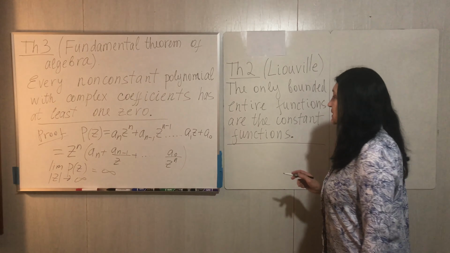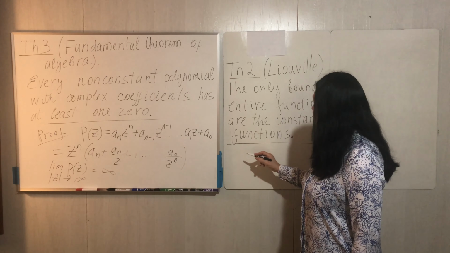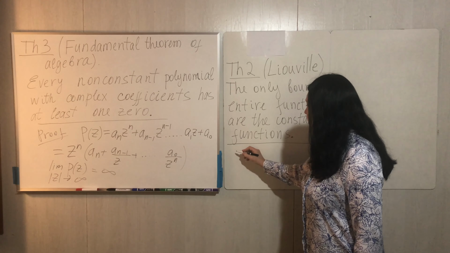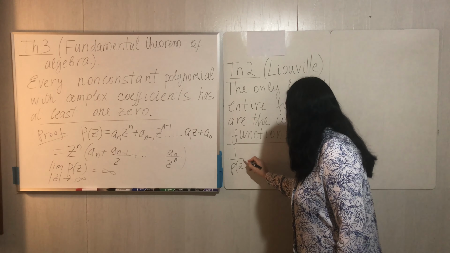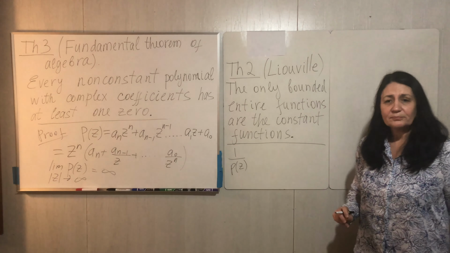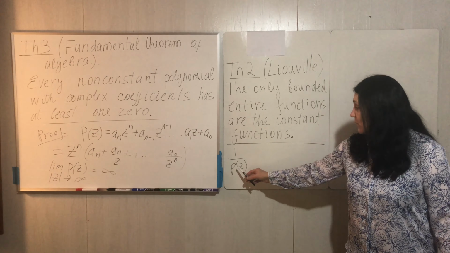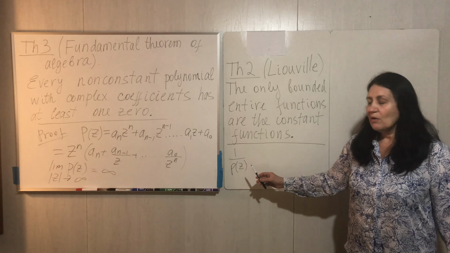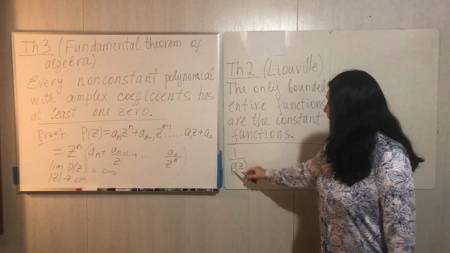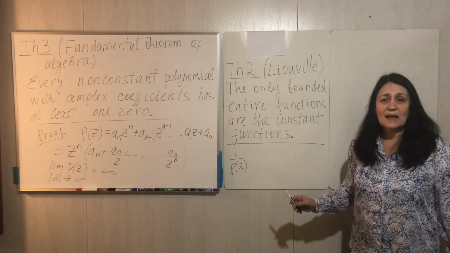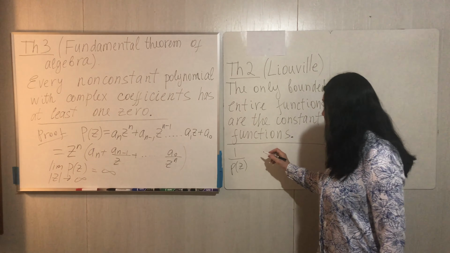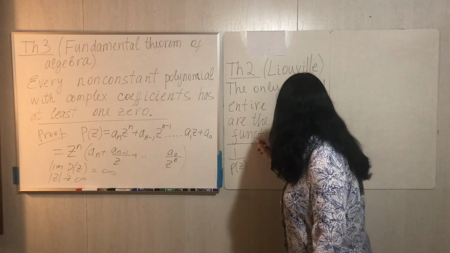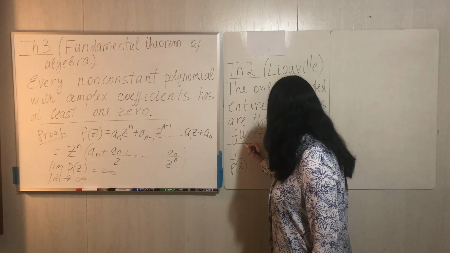Then in this case, what can we say about the function 1 over p of z? If p of z is never zero, then this function doesn't have singularities, and it also will be an entire function. So I probably should write this contradiction.